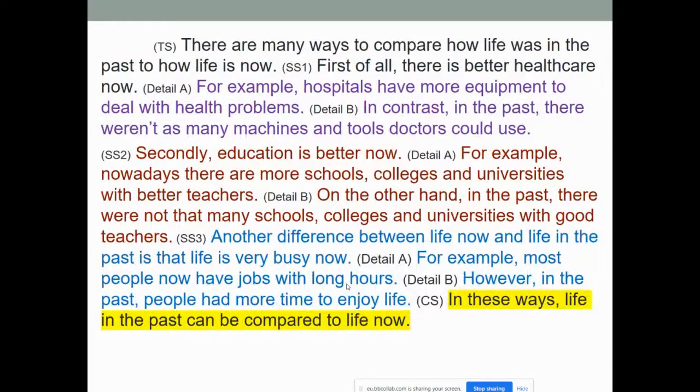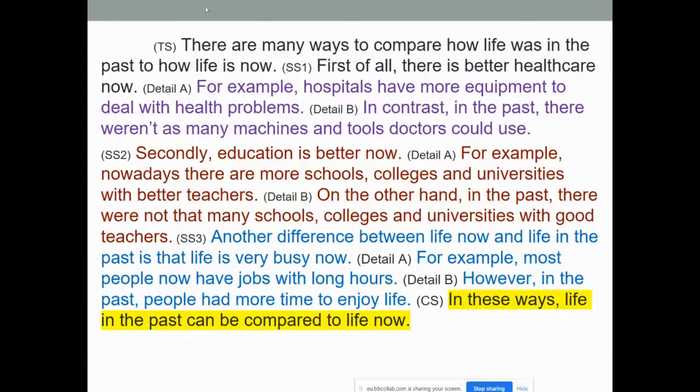So this is the paragraph in front of you. You can read that one, and I can tell you one by one. There are many ways to compare how life was in the past to how life is now. So this is the topic sentence of your paragraph. The topic was comparing life from past to now.